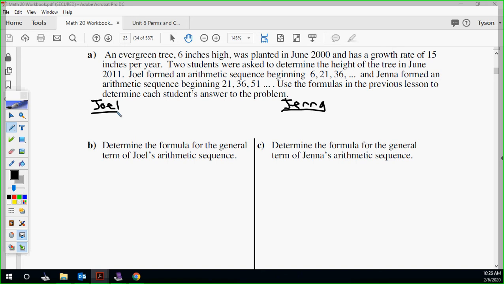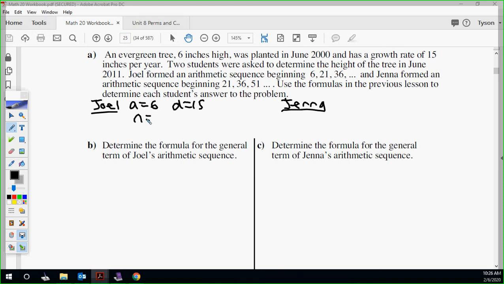But let's look at what Joel would do here. For Joel, his A is 6. We're using the general terms from last class. His D is 15. And then here's the tricky part. His N is what? That's the tricky part. It's 12, because 6 is what year? 2000.